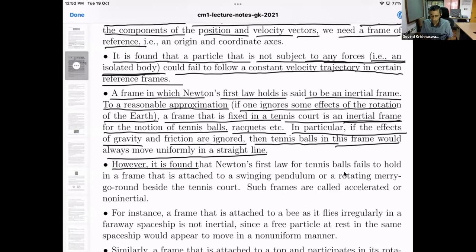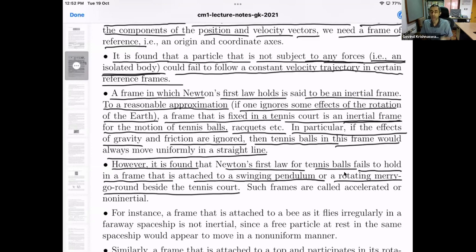It is found that Newton's first law for tennis balls, namely in the absence of gravity and friction, if we ignore them, the tennis balls travel in straight lines at uniform speed, fails to hold in a frame that is attached to a swinging pendulum or a rotating merry-go-round that is beside the tennis court.